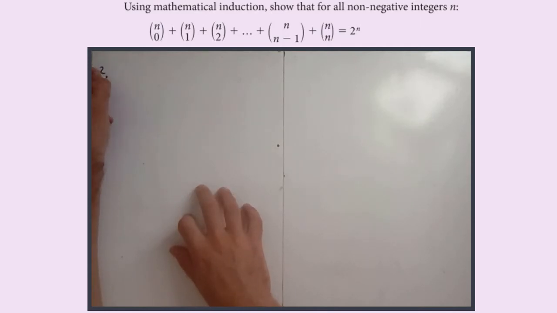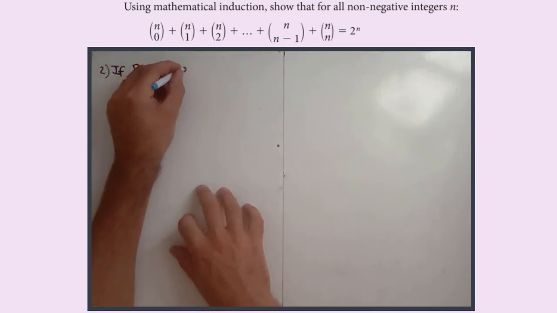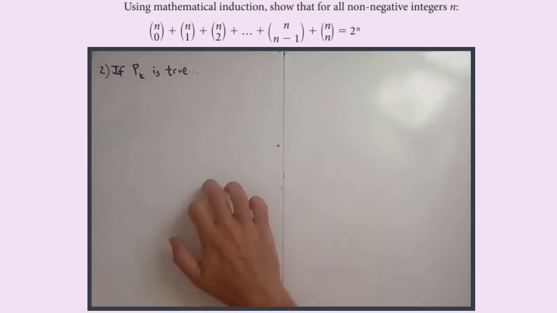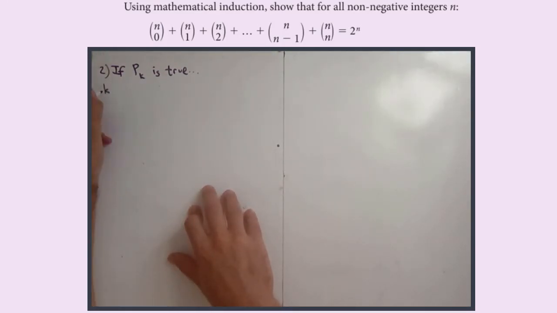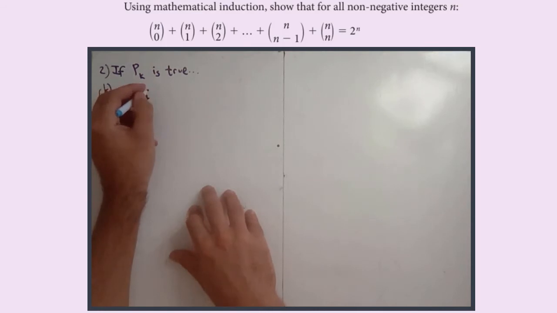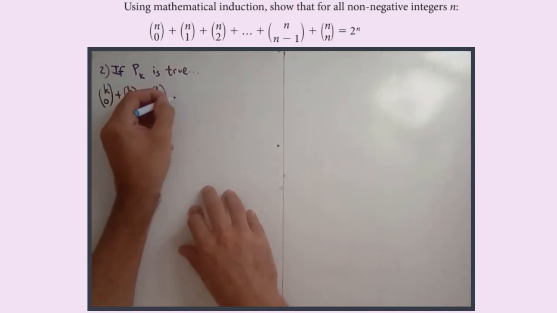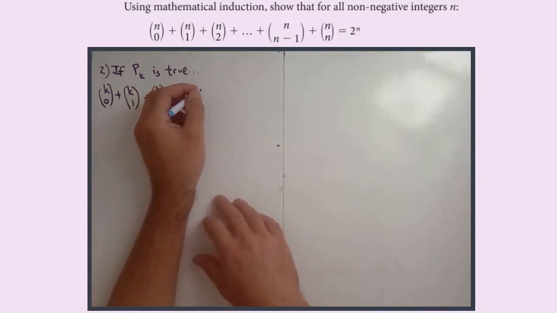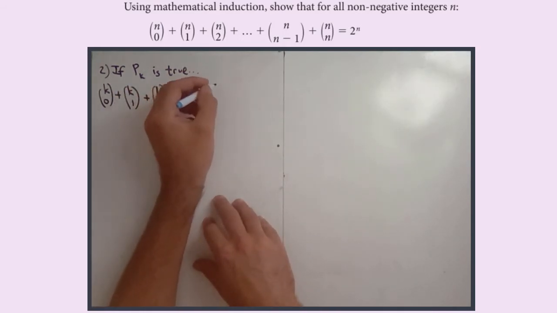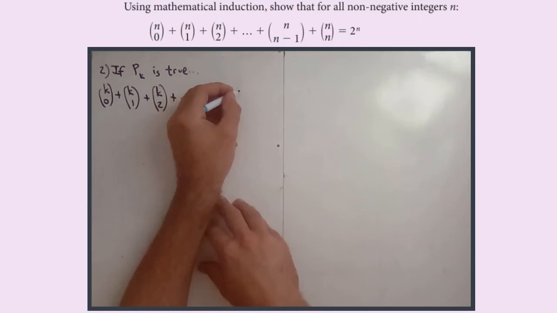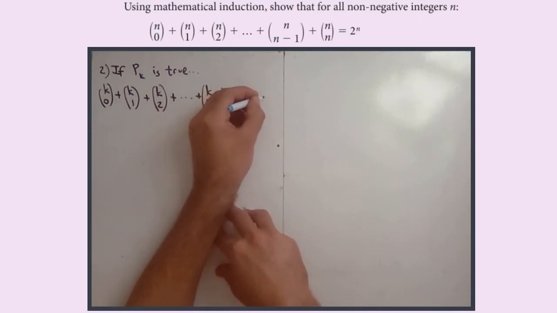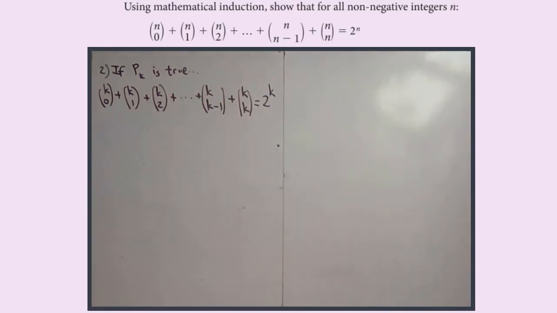So step 2, if Pk is true, so kC0 plus kC1 plus kC2 plus ... plus kC(k minus 1) plus kCk equals 2 to the k. Okay, so that is Pk.